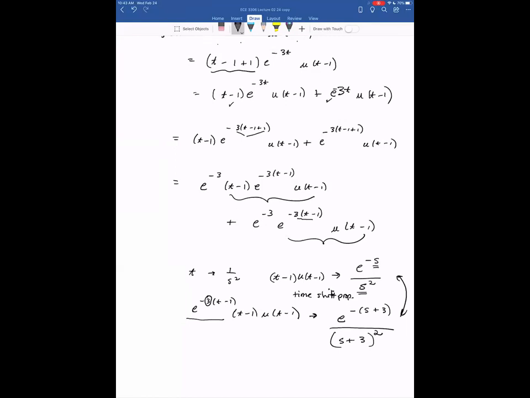So then doing both terms, this is kind of the same, except it doesn't have a t in there. So let me write that down and then I'll address your question. So the first term gives me e to the minus (s plus 3) over (s plus 3) quantity squared, and the second term will just give me an e to the minus (s plus 3) over (s plus 3), not squared, and then both of them have this e to the minus 3 multiplier that I'll now add back in.